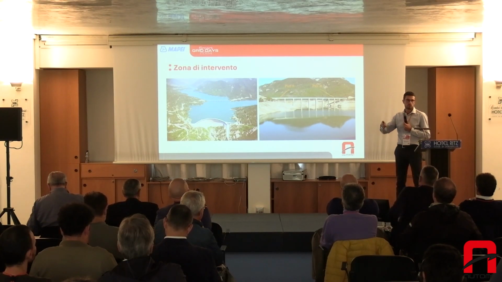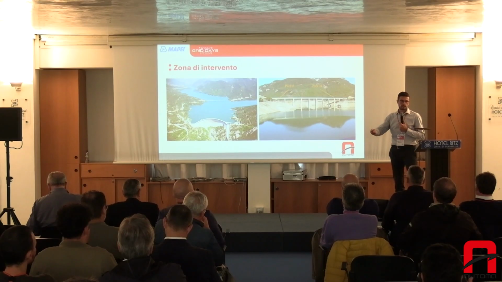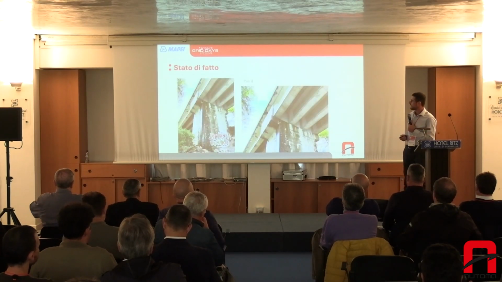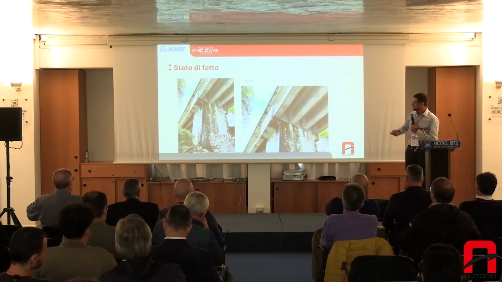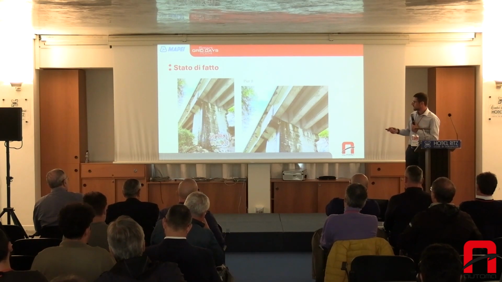So once a year, we go there with the customer. We test polarization. We prepare a report where we state that the system was correctly installed at the time of installation and keeps working. Here you see some images of the structure before our cathodic protection action.